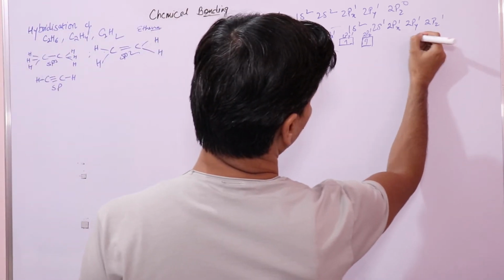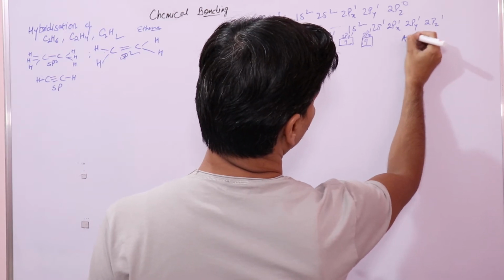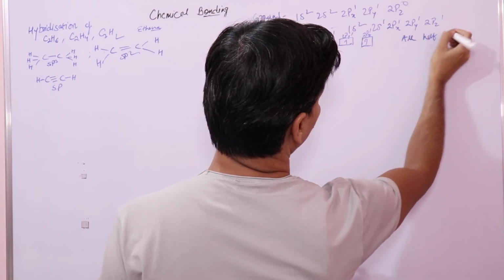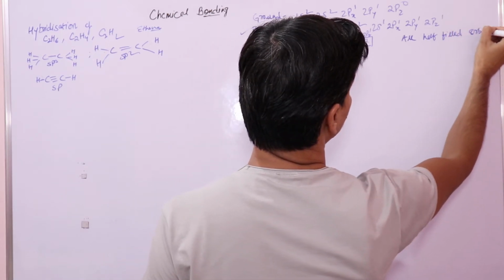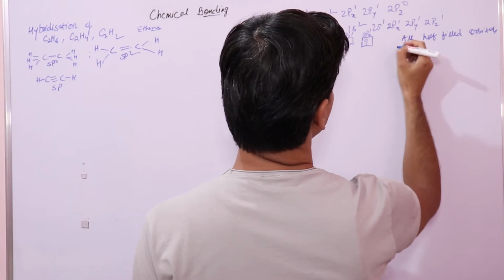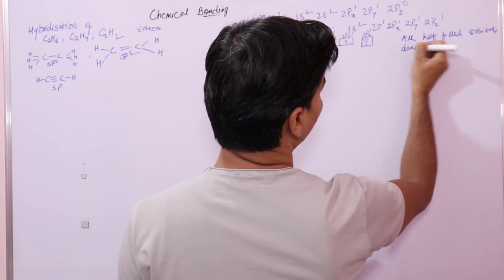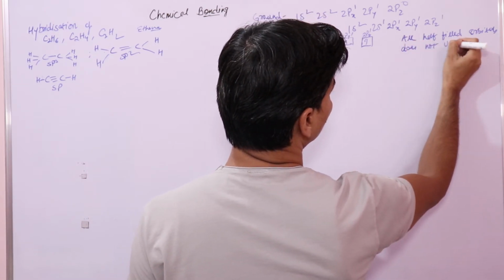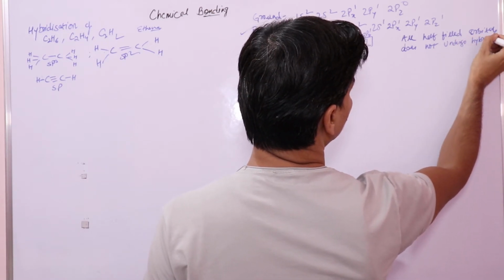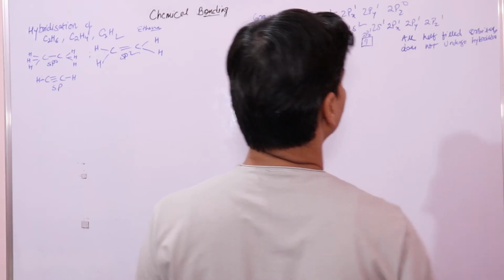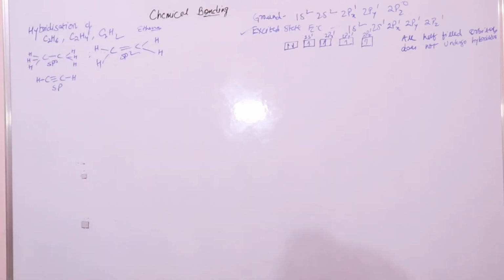So this is an important point, that all half filled orbitals do not undergo hybridization, right?